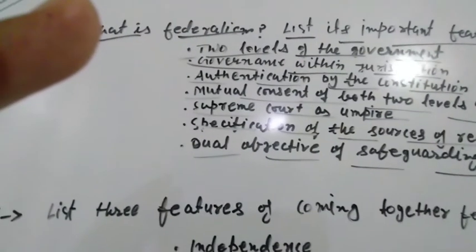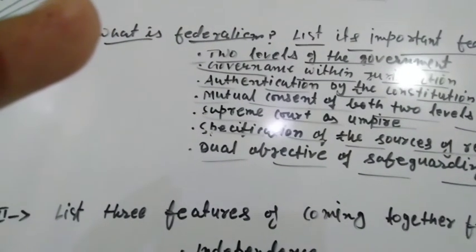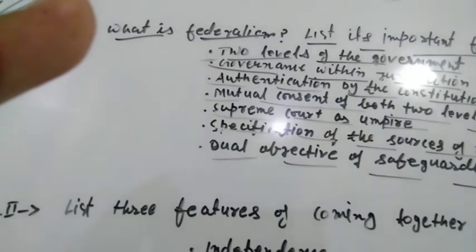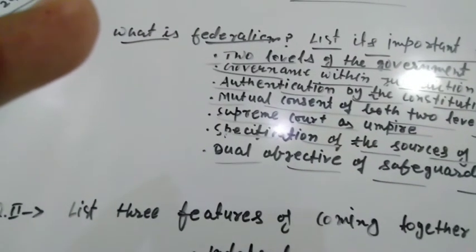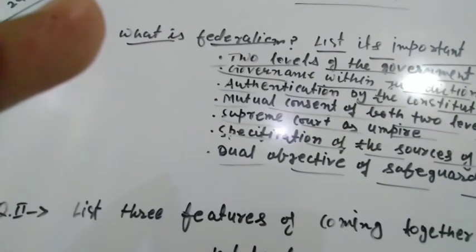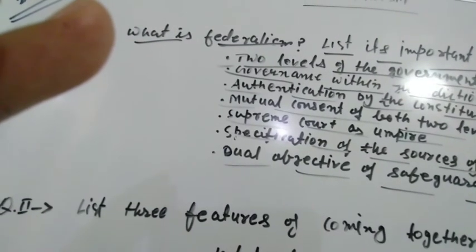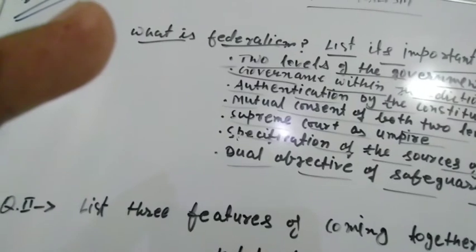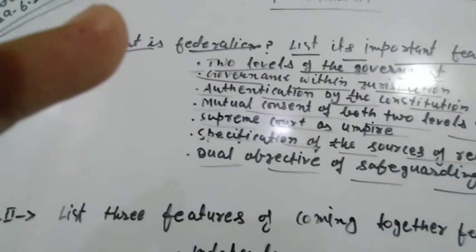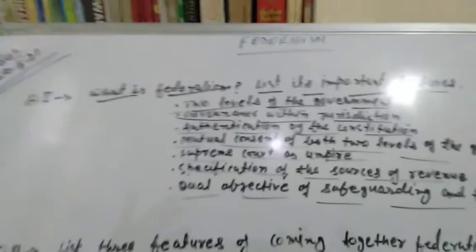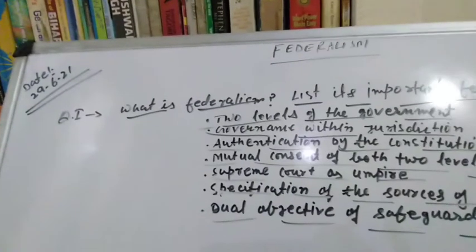Dear students, this last point is very important. In a federal country, government is responsible and bound to safeguard and promote unity among people of different states, different castes, different religions and different languages. So these are 7 very important points of federalism.